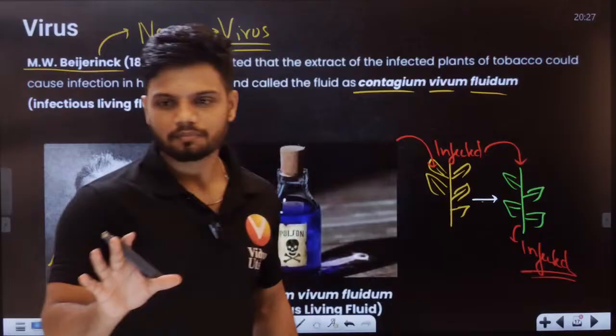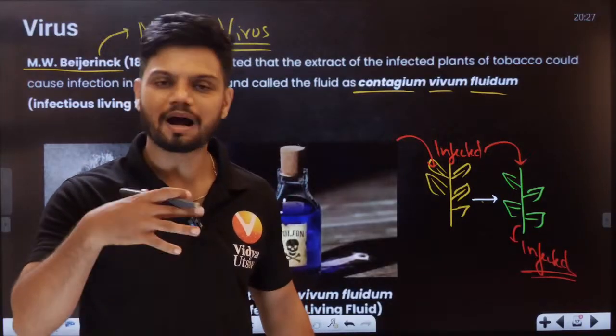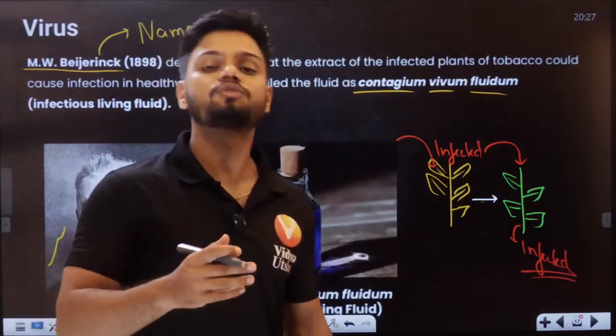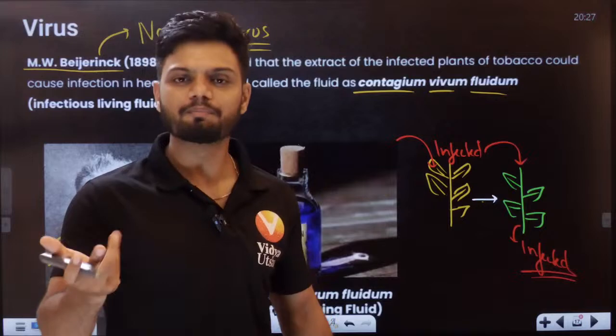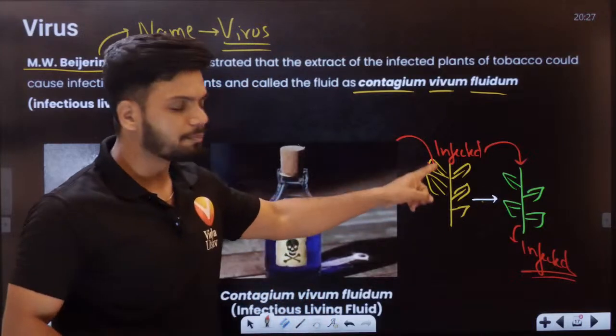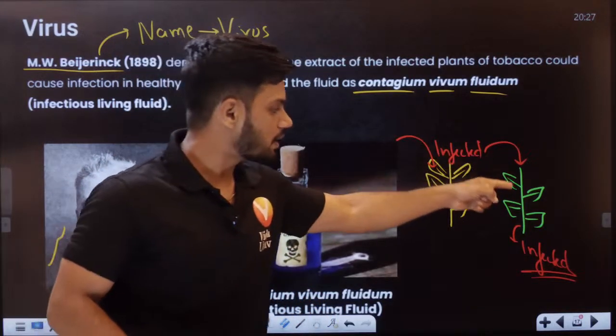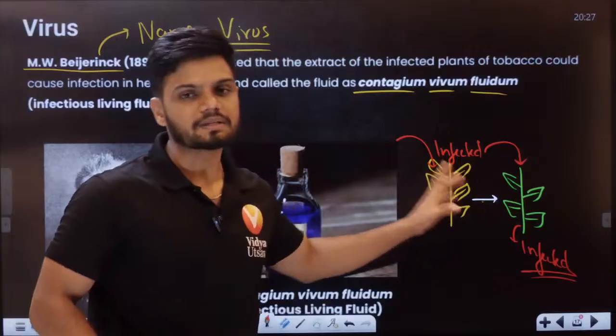Friends, simple logic. You have a cold, I don't have a cold. You come to my face and you say achoo, I will also get a cold. Simple logic. So the infected plant's extract is added to the healthy plant, and that also becomes infected.